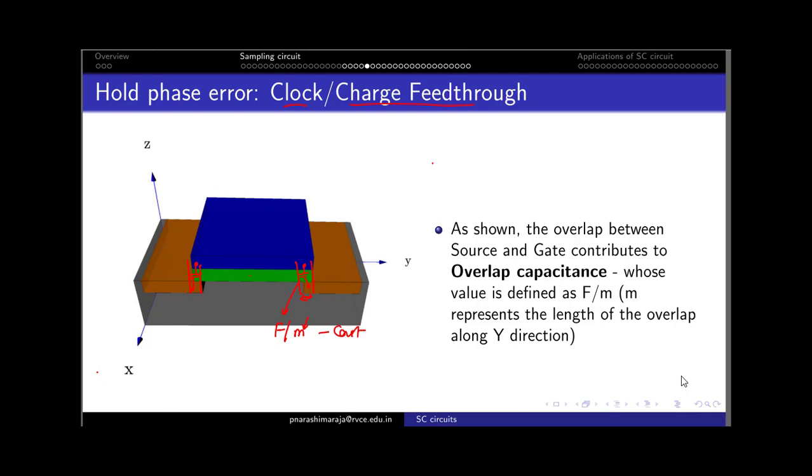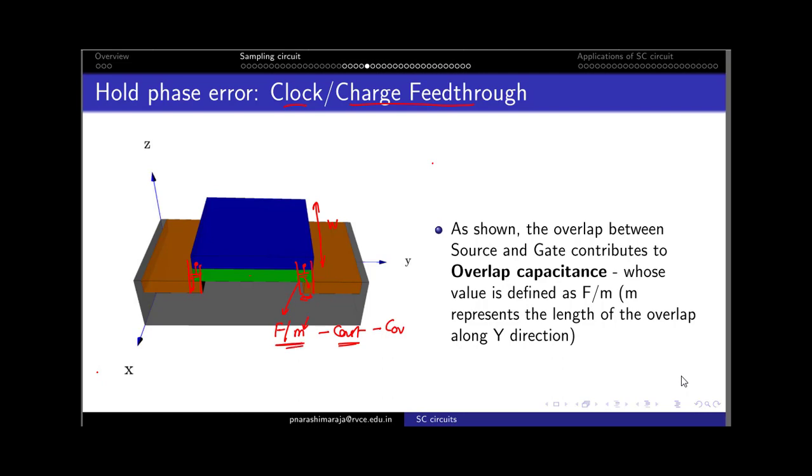Say for 180 nanometer, there will be a specific value of this overlap capacitance for NMOS, and a specific value for PMOS. Now a transistor has a specific width. To evaluate the total overlap capacitance, this capacitance, which is a constant value for the technology we are using, is denoted COV and has the unit of farad per meter.